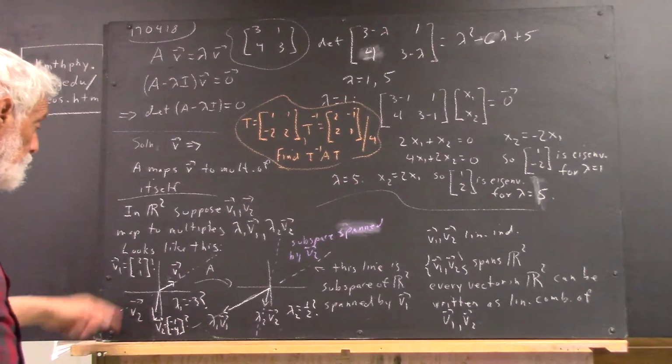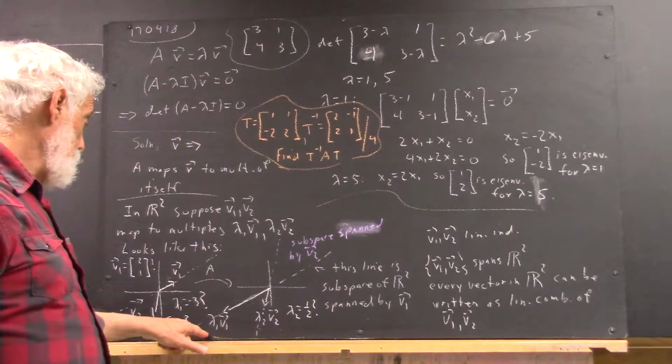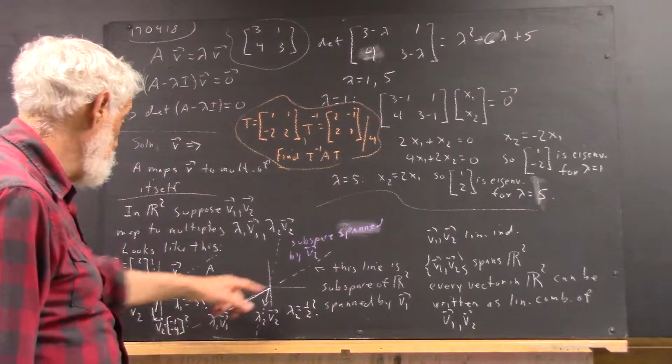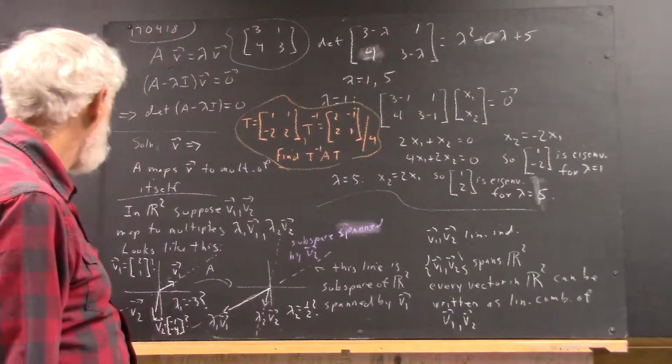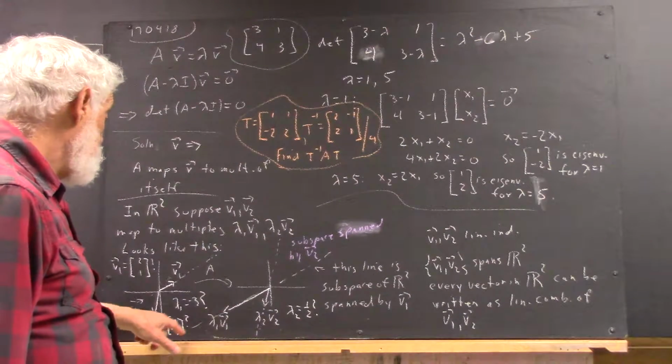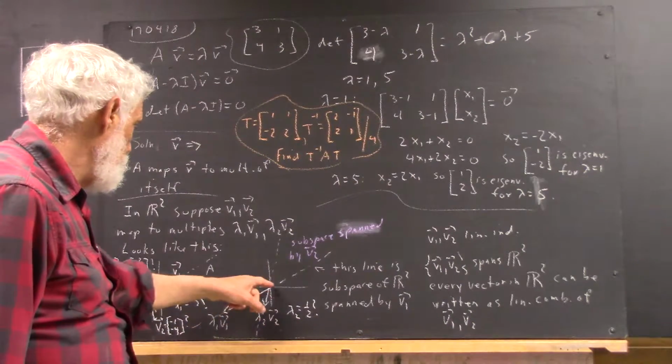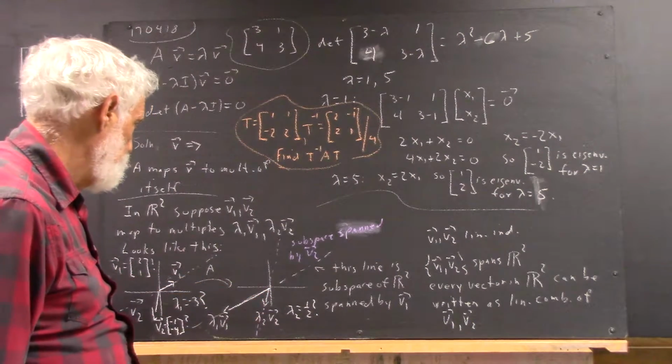It's not an unreasonable estimate. So that lambda 1 v1, if lambda is negative 3, would be negative 6, negative 3. And v2 would map to about 1/2 v2, so that would be like maybe negative 1/2, negative 2.